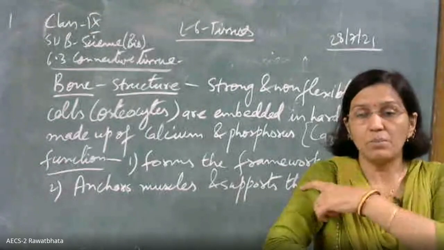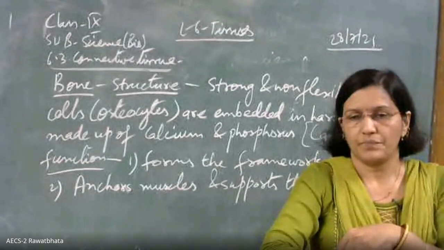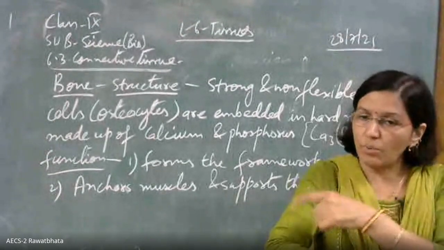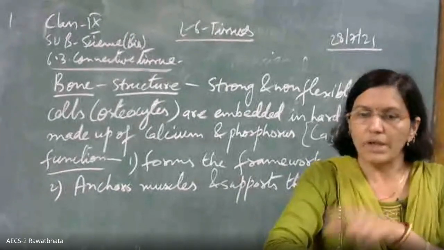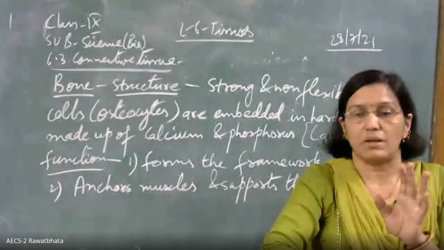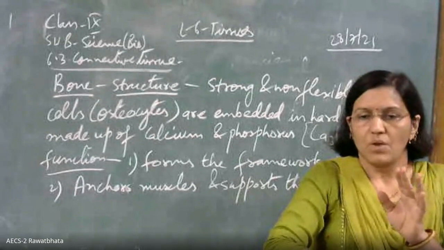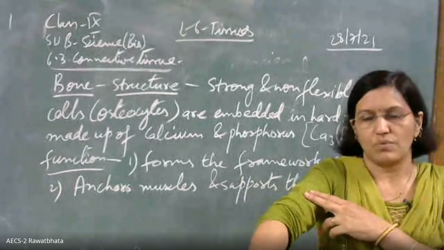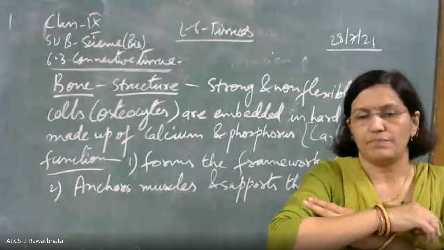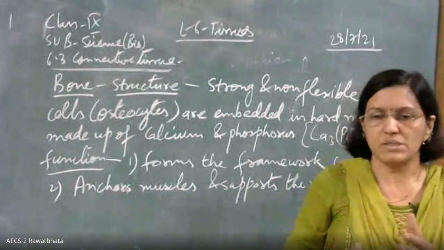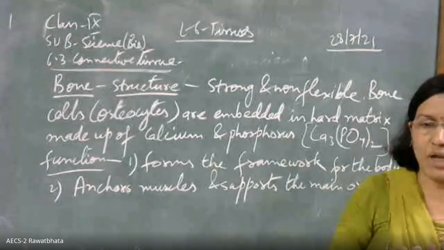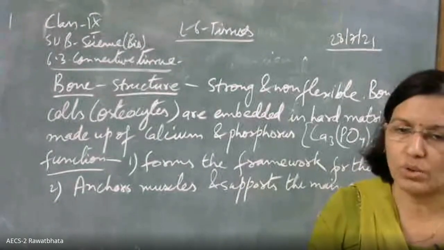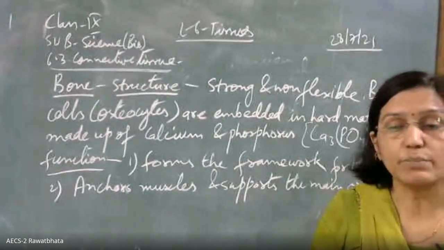Now if it is connecting one bone to the other bone, it is supposed to be flexible. It is going to allow the movement of the bones. That means the first function of ligament will be that it will join bone to bone. The second, it is supposed to be flexible.